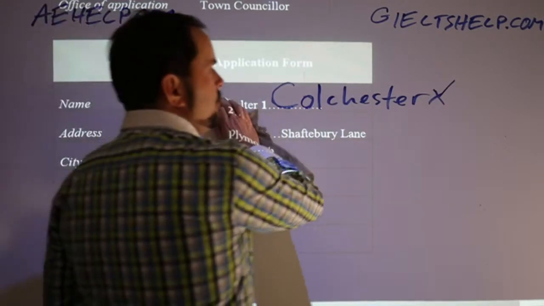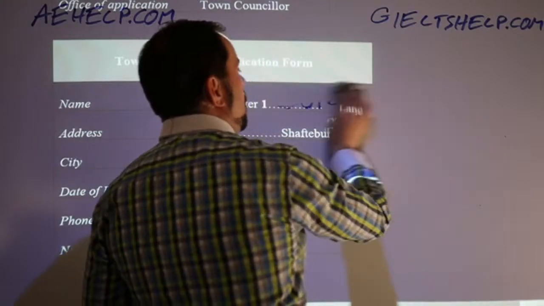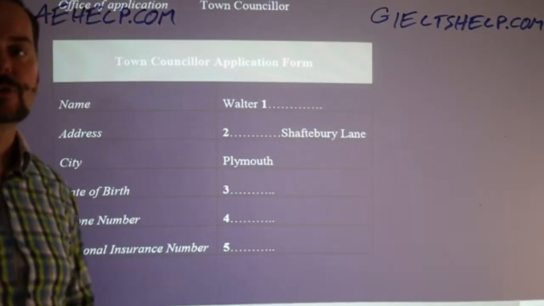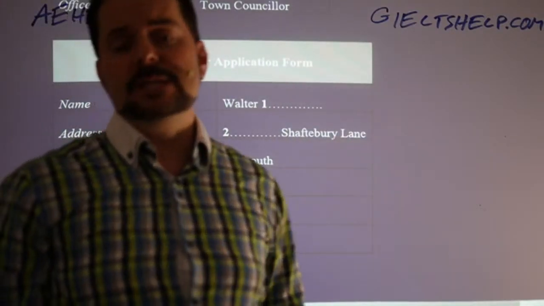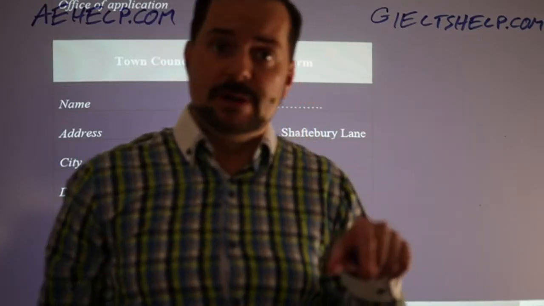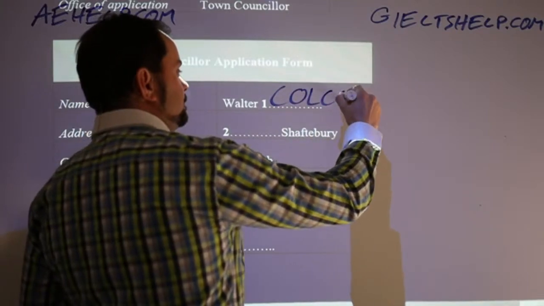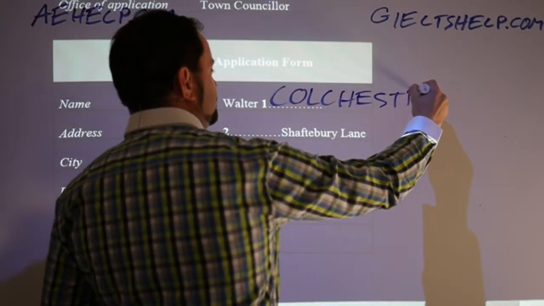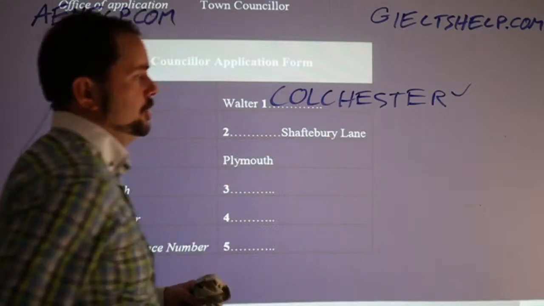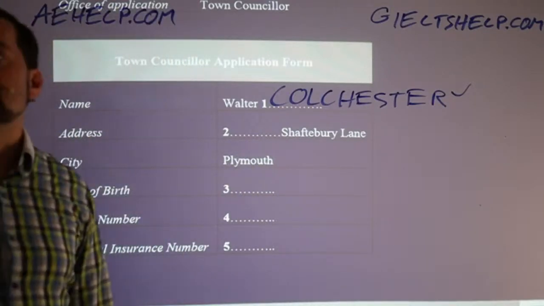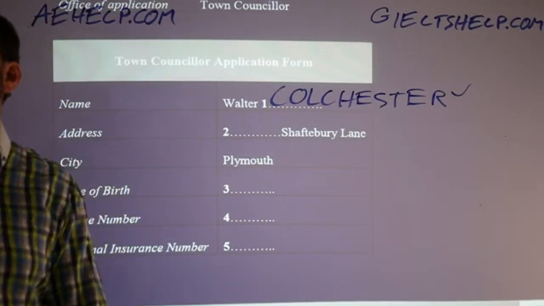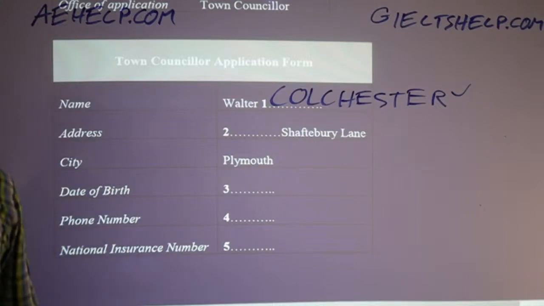If you're going to write all capital letters, okay, if you're in the computer-based exam, just hit your caps lock button and then it'll be all capitals, okay? And that's okay too, all right? They'll give you the mark for that, Colchester, okay?